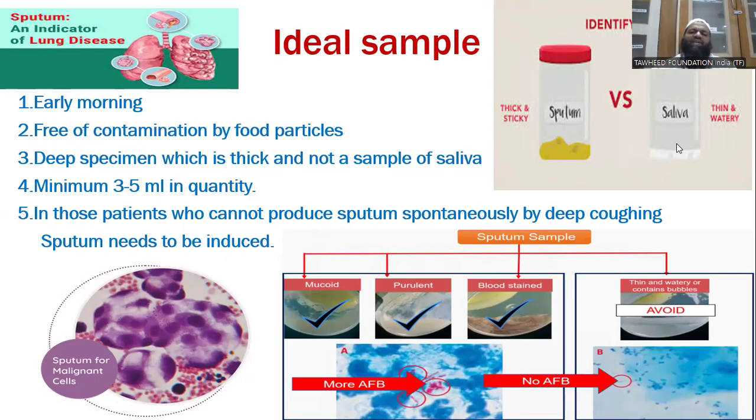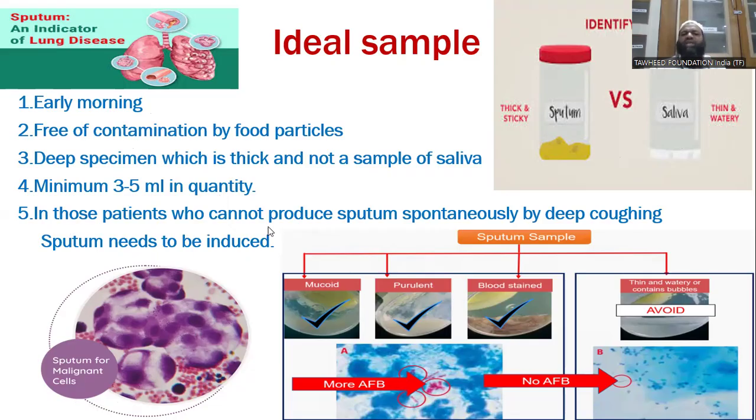If it is saliva, we just discard it and ask the patient to give one more sputum specimen. Ideally we need to collect in the early morning, free of contamination by food particles, a deep specimen which is thick and not a sample of saliva. The minimum quantity we already discussed, 3 to 5 ml, is required.